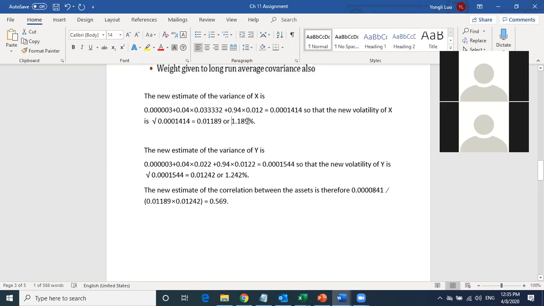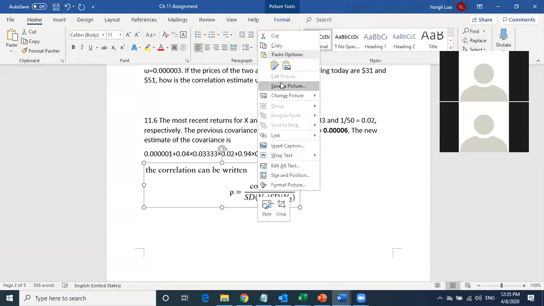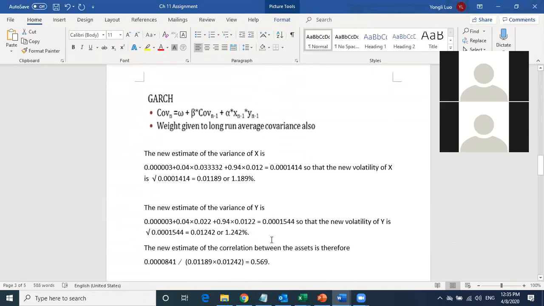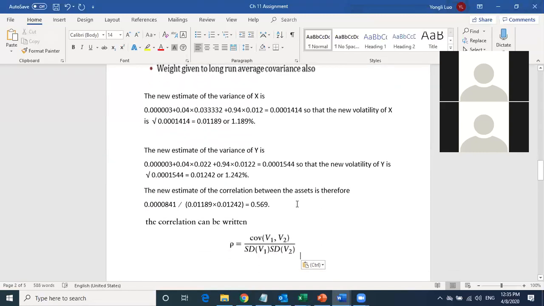So you take this one and this one, and that's how you get this, based on this formula. That's how you get the correlation using the GARCH(1,1) model to forecast the correlation.